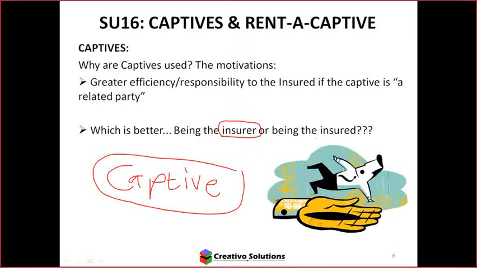But the captive is also insured because they're part of the company that's paying out the benefit. Do you agree? So it's almost like transacting with yourself in a sense. True. Because the captive is a formalization of the self-insurance. That's what you're doing.